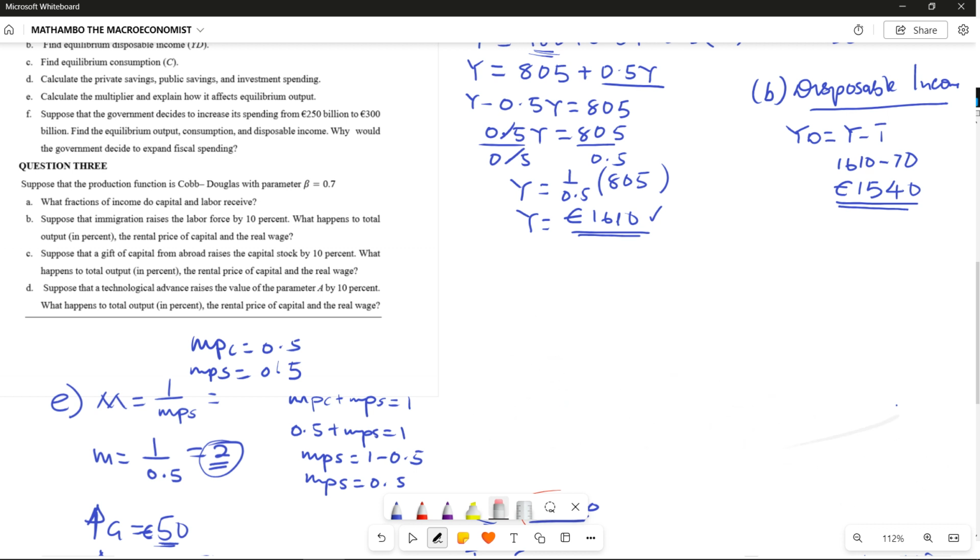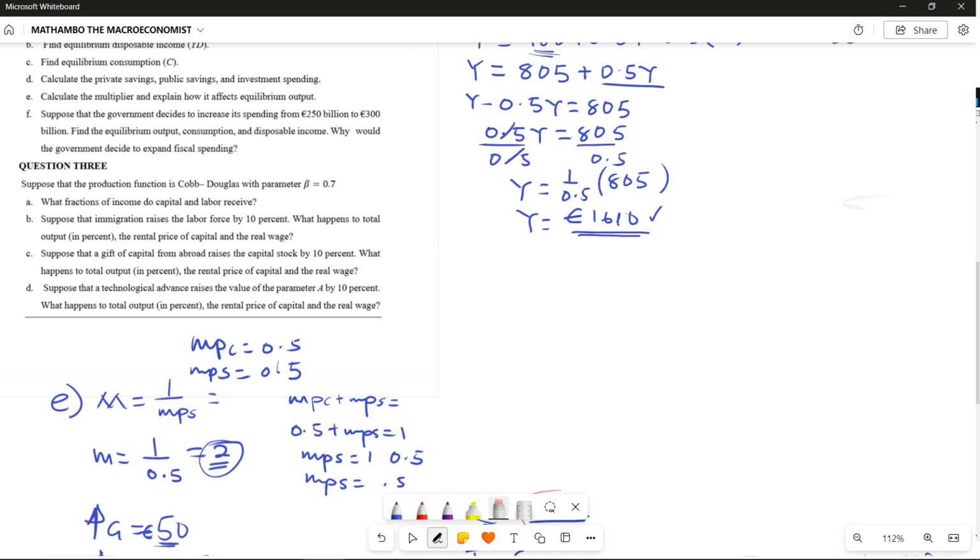First, to find the impact on equilibrium output: initially government expenditure was 250, then it increases from 250 to 300, which means the change in G is 50.